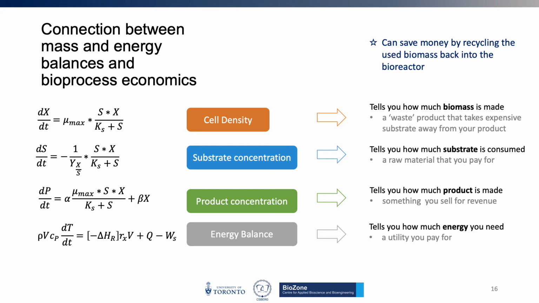The substrate concentration equation tells you how much substrate is consumed, and substrate is a raw material that you pay for. So that's why you need to care about it. The product concentration equation tells you how much product is made, and product is something that you sell for revenue. The energy balance equation tells you how much energy you need, and you care about energy because it's a utility that you pay for.